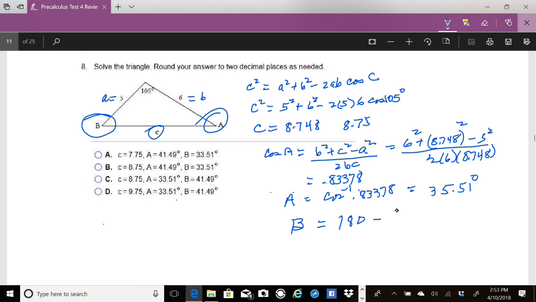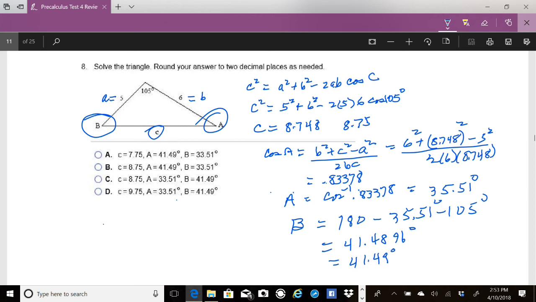And so now the other angle, the simplest is to subtract. Subtract A and then C, and that will give us B, which turns out to be 41.4896 degrees, which would be 41.49 to the nearest hundredth of a degree.